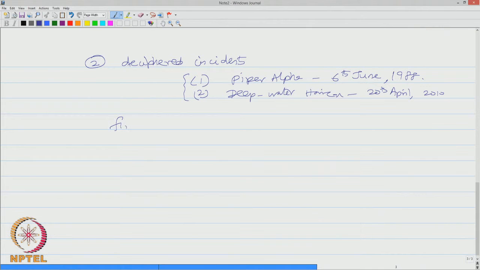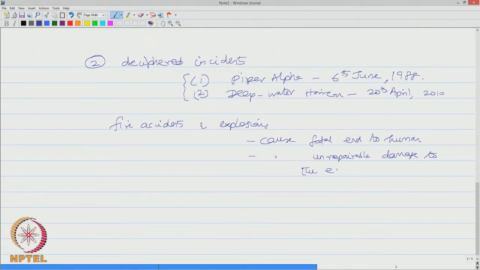So, fire accidents and explosions cause fatal end to human life as well as cause unrepairable damage to the equipment.